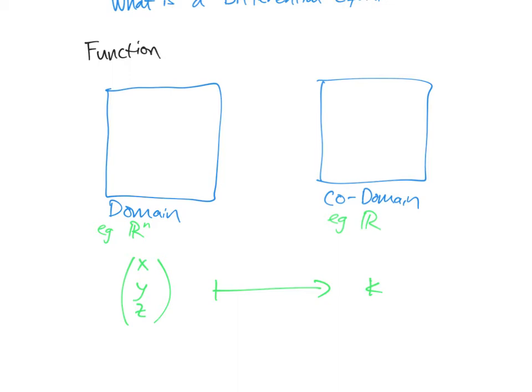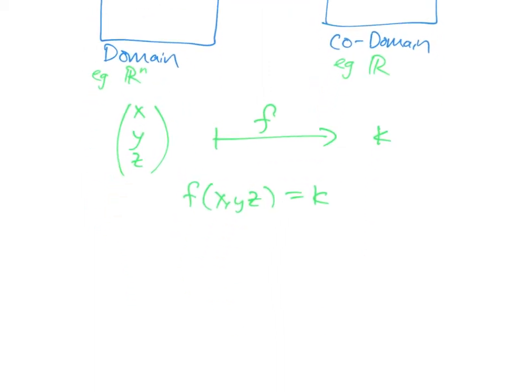If your function is f, then you'd write something like f(x, y, z) = k. And it might be given by a description like f(x, y, z) = x² + y² + z². So you have a formula for it. But that's not actually strictly required.